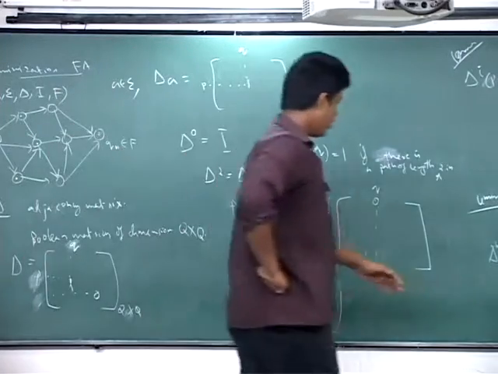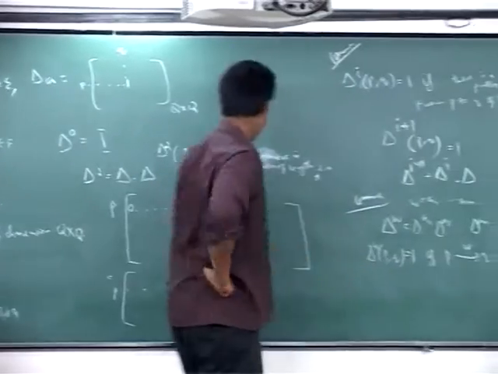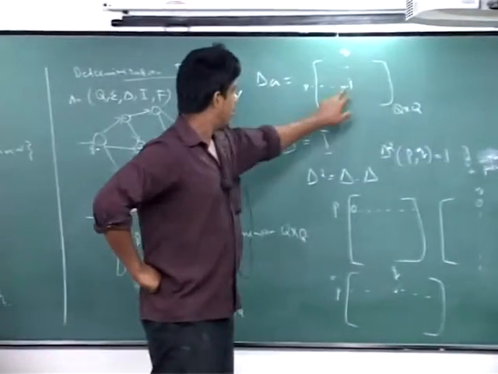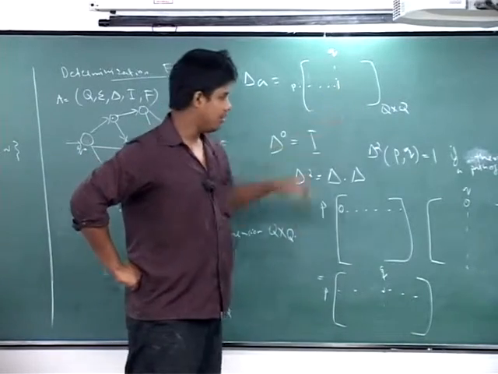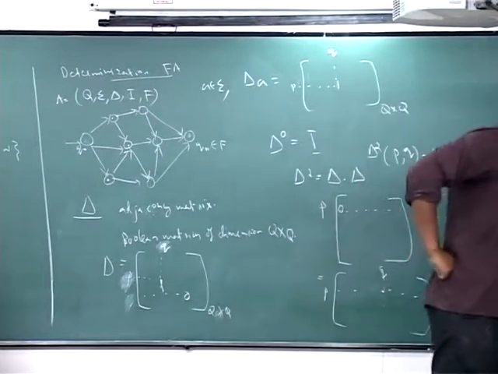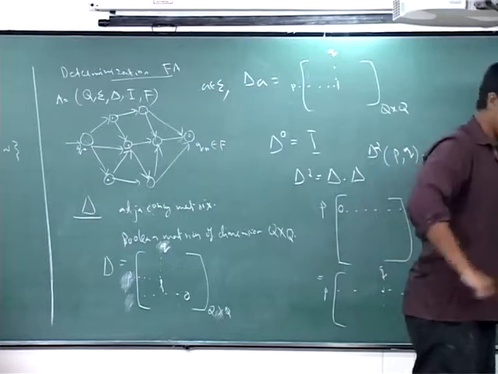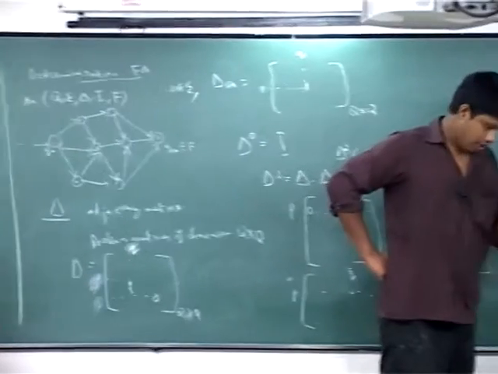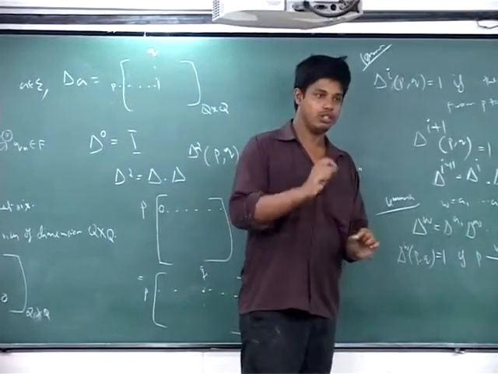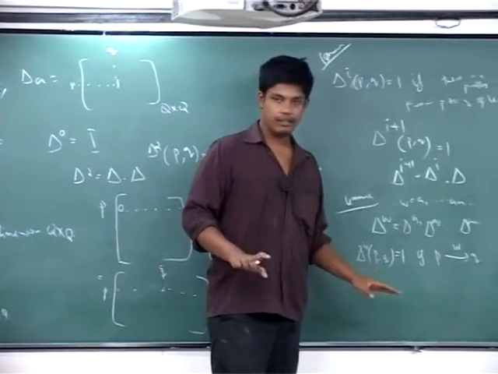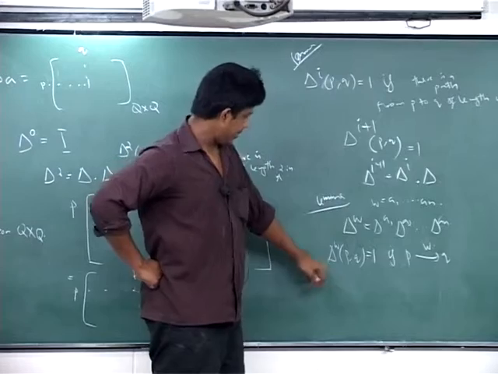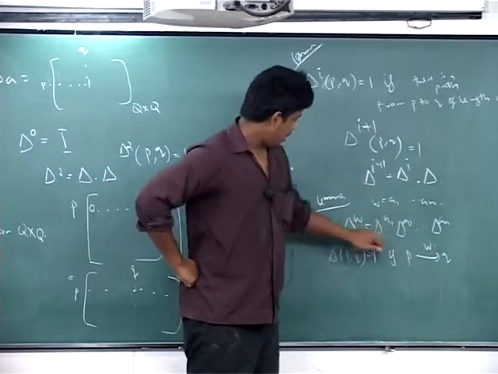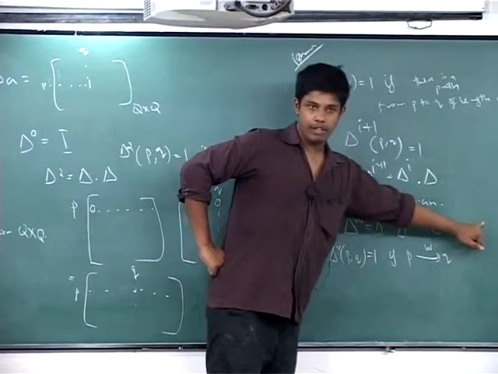The idea is that you will again argue by induction. For the base case, you know that in delta A, PQ is 1 if and only if there is a one-letter path. Now you argue by induction. If the size of the word is at most n, you assume that this is true. Now for a word of size n plus 1, you can write it as a1 to an dot an plus 1.